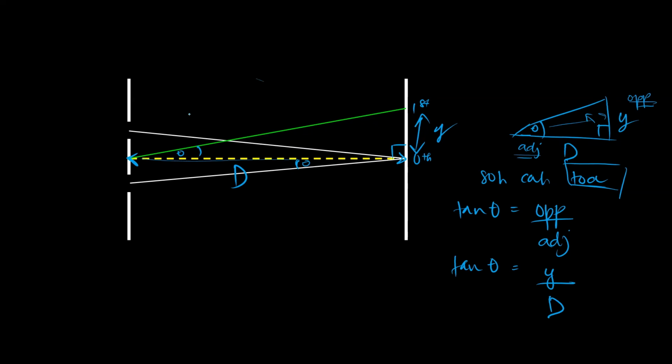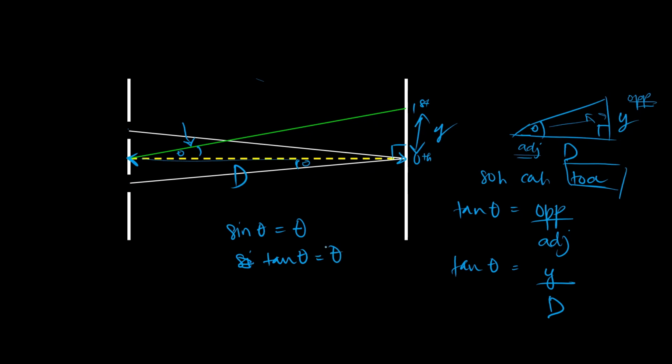Now, because these angles are extremely small, because the slits are actually very close together, the sine of any relatively small angle is equal to the angle itself. And similarly, tan theta of any small angle is equal to the angle itself as well.